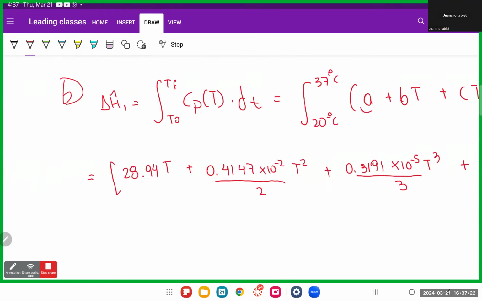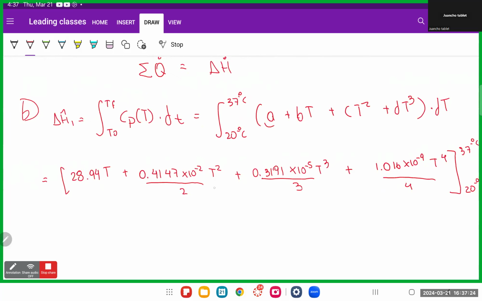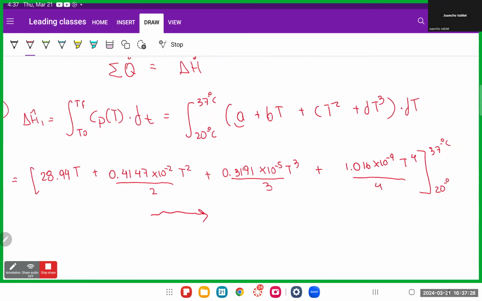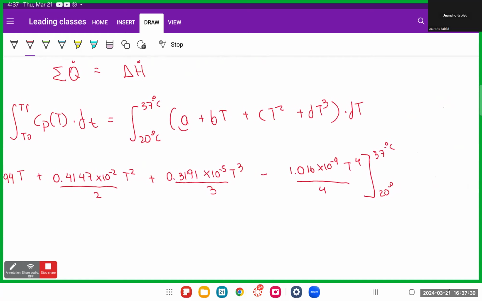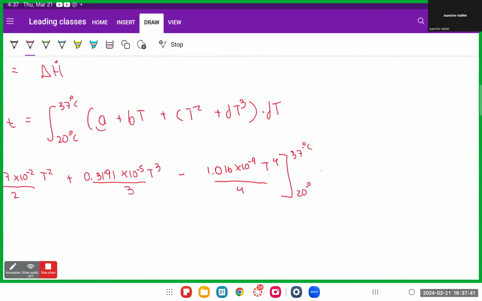Something to keep in mind is that, as you go this way in the coefficients, they affect the enthalpy less, and oh, this is positive, my bad. So there's something interesting that happens there.